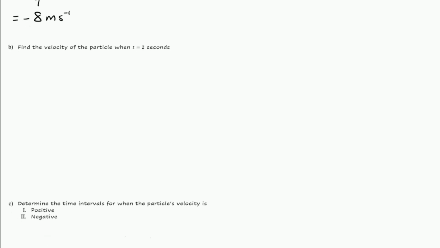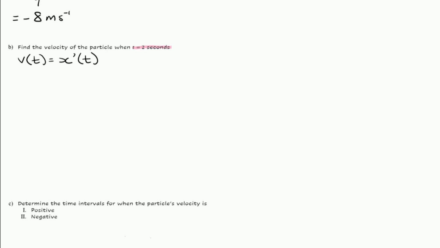For part B, it wants me to find the velocity of the particle when t is equal to 2 seconds. Because it's asked me to find the velocity at a certain point, that means I'm finding the instantaneous velocity. And remembering from our notes, my instantaneous velocity is actually the derivative of my displacement function.